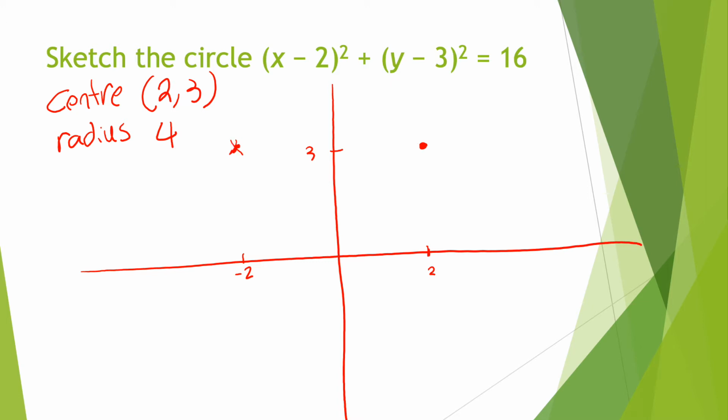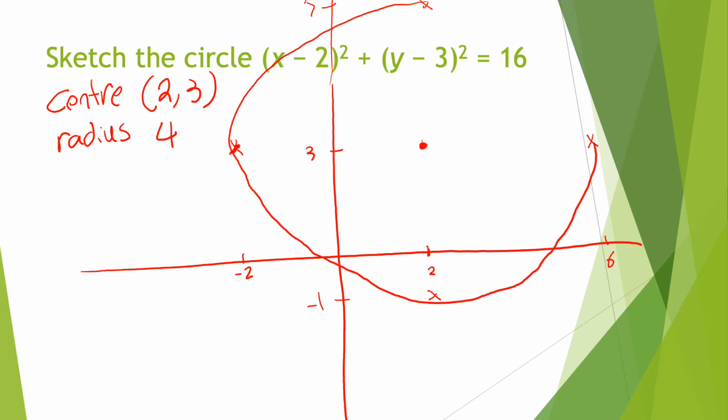Then 4 steps down takes you to negative 1, 4 steps to this one here will take you up to 6, and 4 steps up takes you up to 7. Obviously it's not 100% because the graph is not a circle, and then you join those 4 points nicely, and that gives you the sketch of the circle.